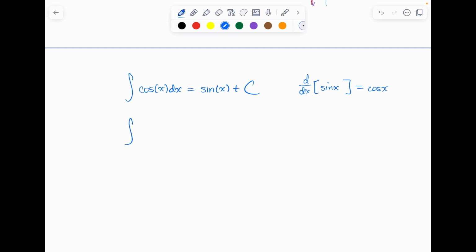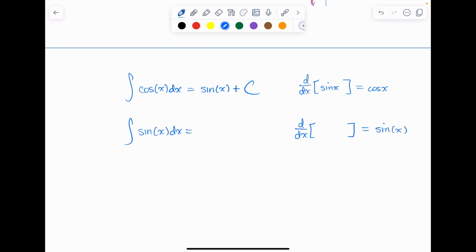If I have the indefinite integral of, let's say, sine of x dx. Well, again, think of it this way over here. The derivative of what gives me sine of x?